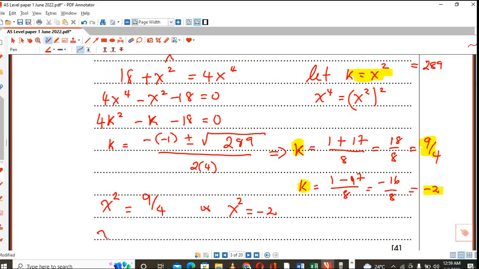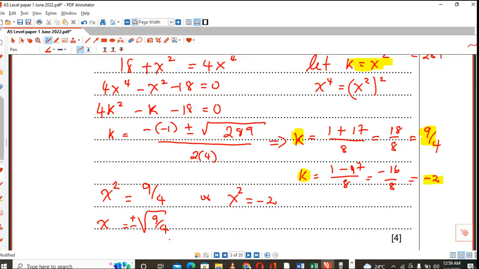Now, the thing about the square root is you'll either have a positive or a negative answer. This one you're not going to use because the square root of that does not exist, so this one is out.